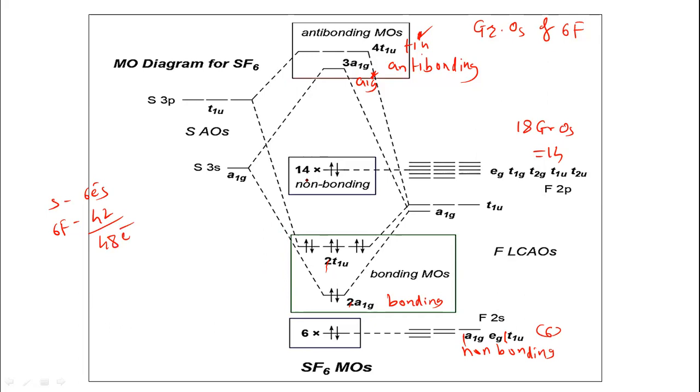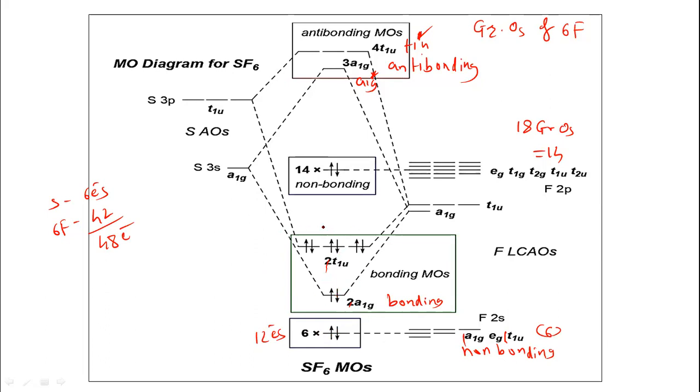Now we have to distribute 48 electrons here. Let us see. These are the 6 non-bonding orbitals. One orbital has 2 electrons, so 6 have 12 electrons. 12 electrons will be here, remaining as non-bonding. This is one bonding molecular orbital having 2 electrons.